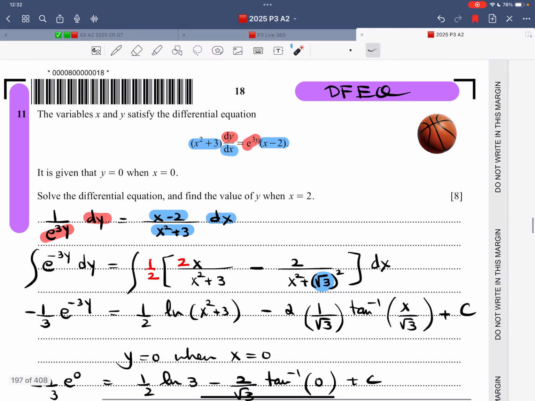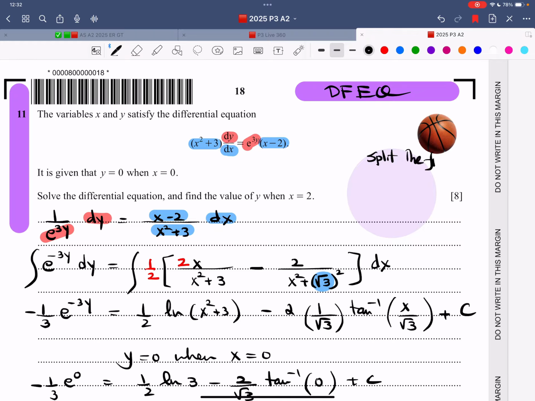Now this is a special scenario in which we split the fractions. So when we split the fraction, this is like (a minus b) over something. That can be written as a over something minus b over something.